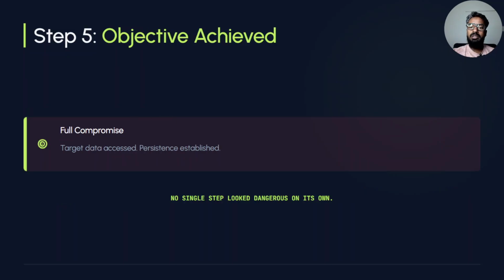At this point, they actually reach their goal. When I say they, I'm talking about the attackers. Their goal can be your sensitive data, your critical systems, or just long term access. And if you look back, no single step actually looked serious, right? But the complete path, it was.